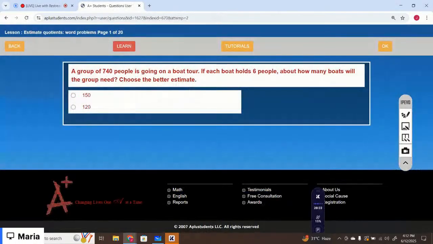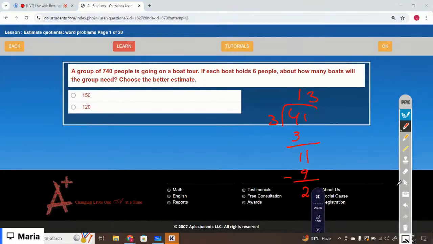A group of 740 people is going on a boat tour. If each boat holds six people, about how many boats will the group need? 740 divided by 6.